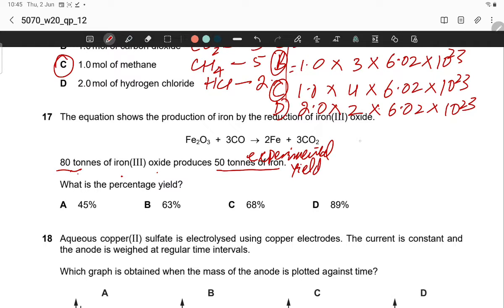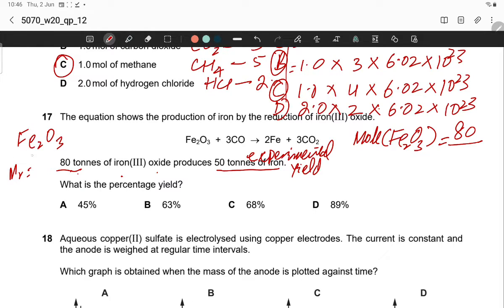So calculate the moles of iron(III) oxide, Fe2O3. That is 80 divided by the Mr of Fe2O3, which is 56 into 2 plus 16 into 3.